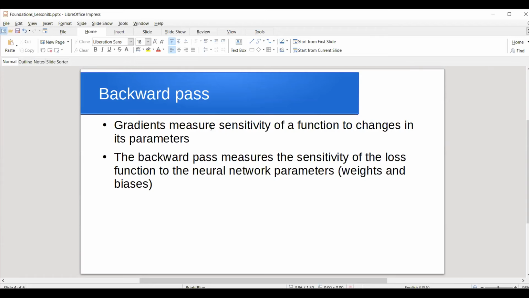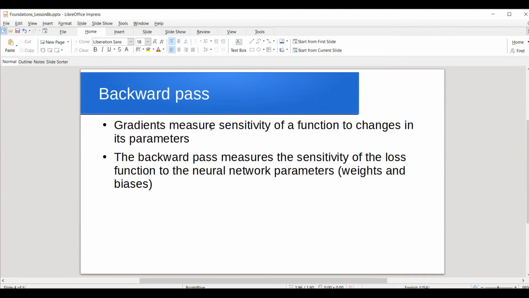So if varying one of the weights in the positive direction makes the loss function get bigger, then we want to vary it in the negative direction instead, because that'll make the loss function smaller. In a general sense, that's what these gradients measure for us: the sensitivity of the loss function to changes in its parameters.